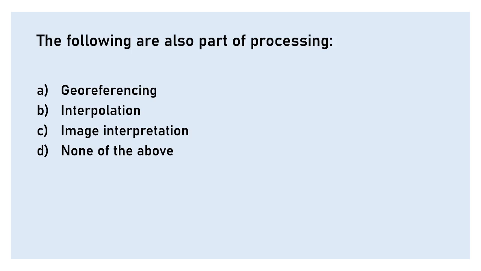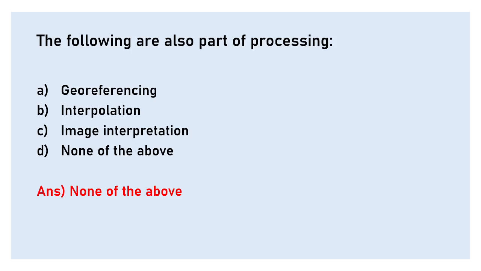Pre-processing and processing are two different entire processes. Not exactly, all these things we are doing in pre-processing only, even georeferencing. Georeferencing, interpolation, image interpretation, all these things are part of pre-processing.